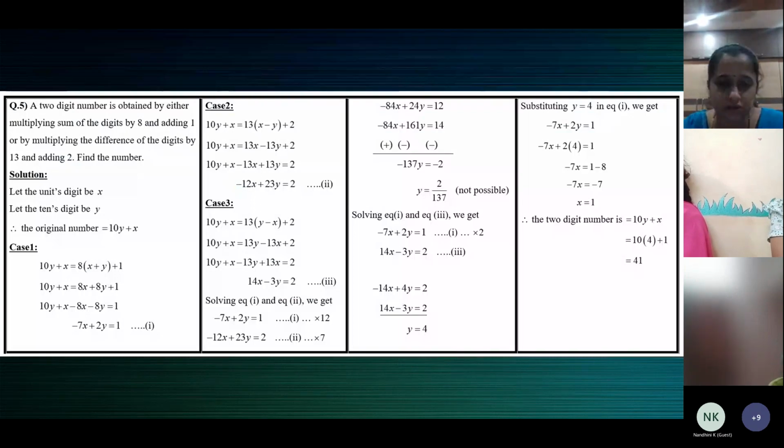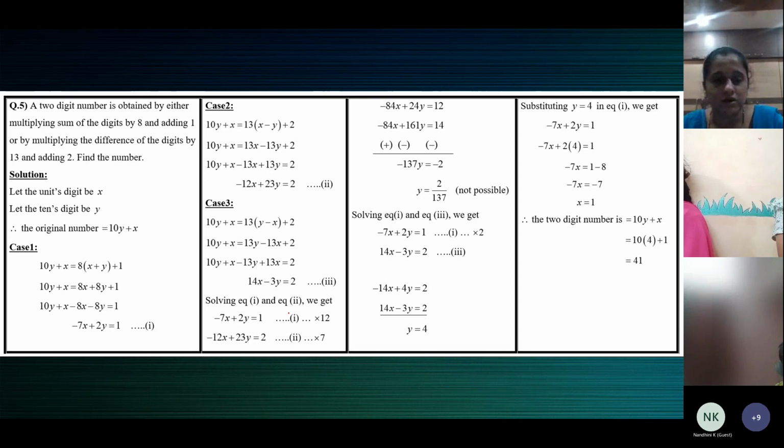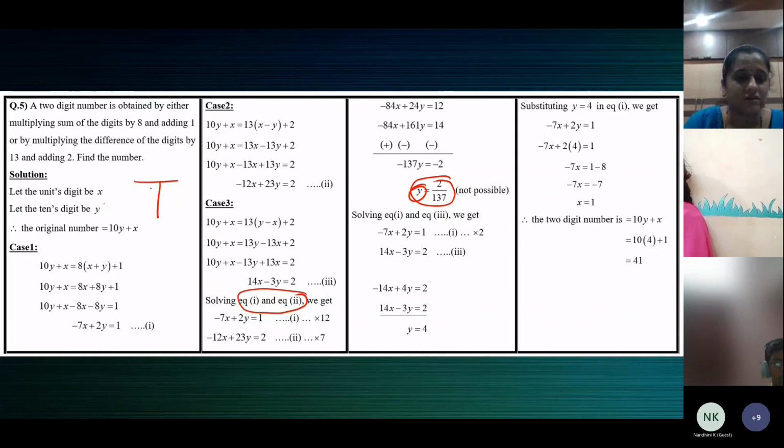Exactly what I've explained, children. Now you can see as you work, when you're solving 1 and 2, you get y is 2 by 137. What is y? y is a digit. Here I've assumed y is the tens digit.